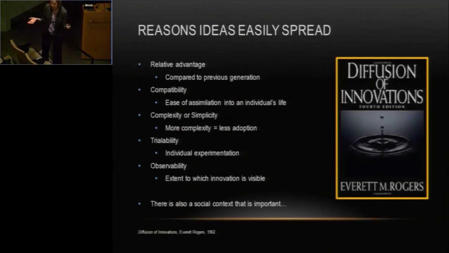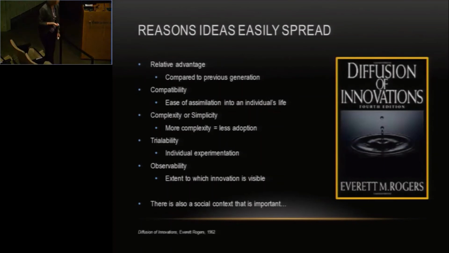So make it simple, keep it simple. You're going to be more successful. Trialability, if people understand that I'm going to try this for a week, much more likely to adopt it. Observability. You have to be able to see the effect of what you're doing. This is the measurement piece.